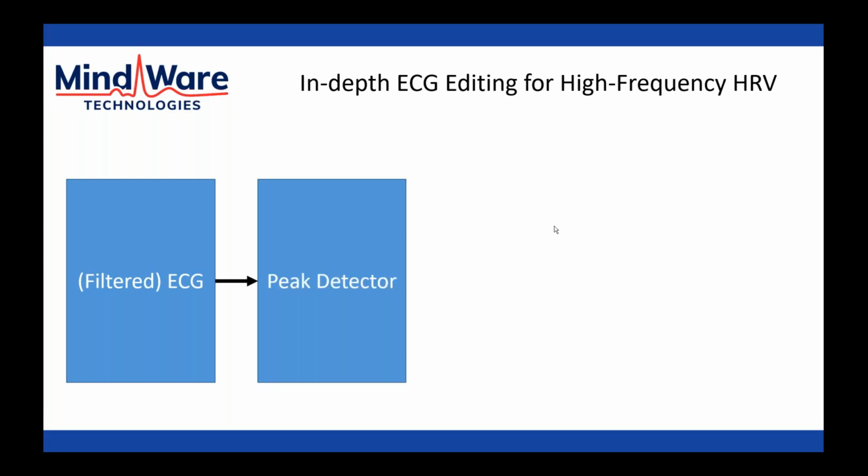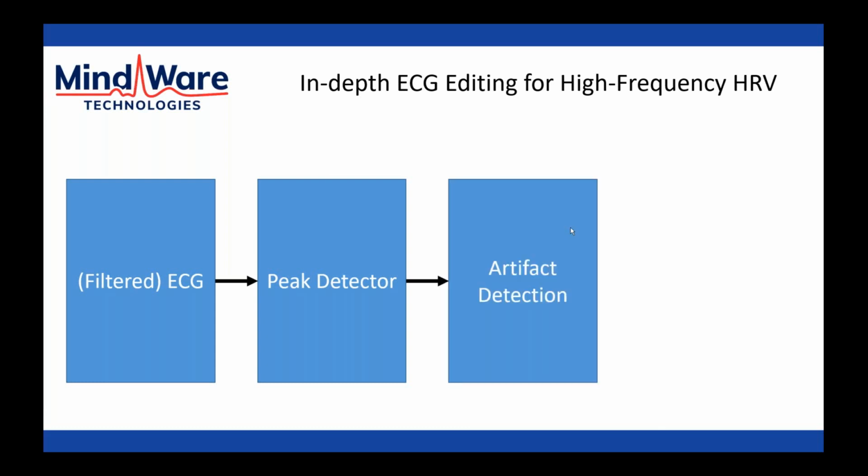When it comes to ECG, we're really trying to identify that R peak, that fiducial point that is very clearly and consistently identifiable on each cardiac cycle. And so any filtering that we do to the ECG, its only purpose is to make the peak detector's job easier. So we're going to run an algorithm on the ECG at that point to identify the location of each of the R peaks.